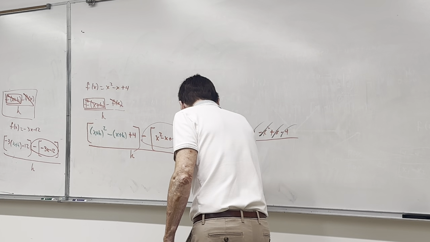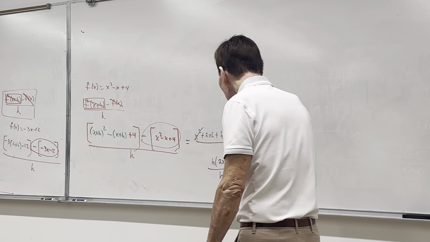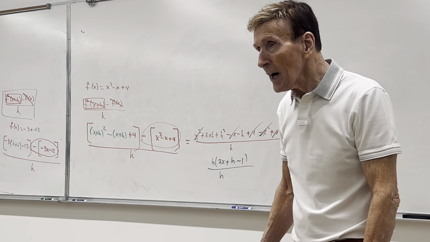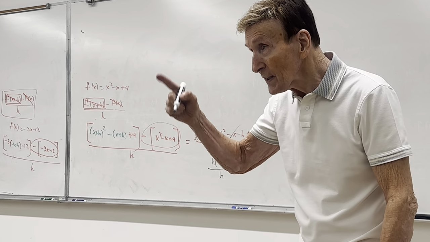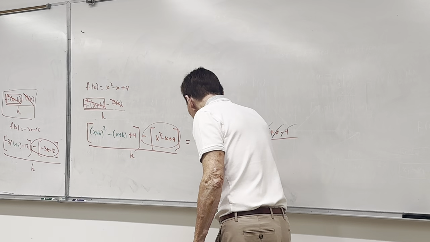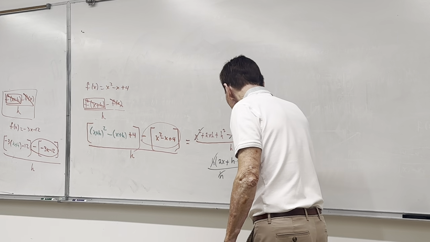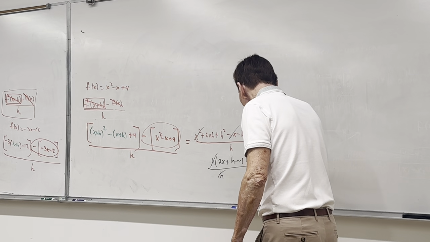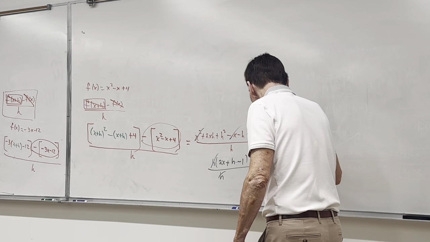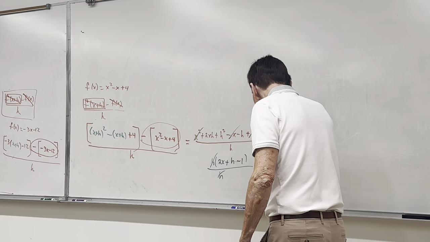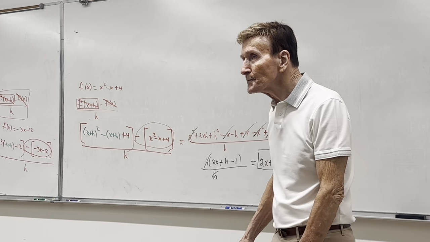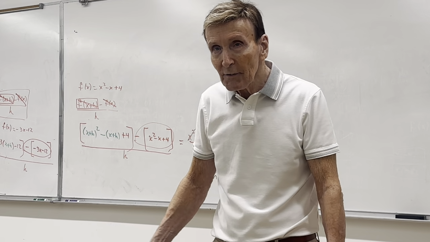Still over h. Got a common factor of h on top. Now, can I now cancel the h's out? And look at this answer. Not a nice answer as it looks, but that's the answer. That's the best I can do. I found the difference quotient.